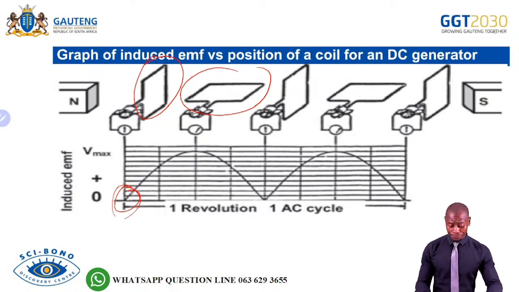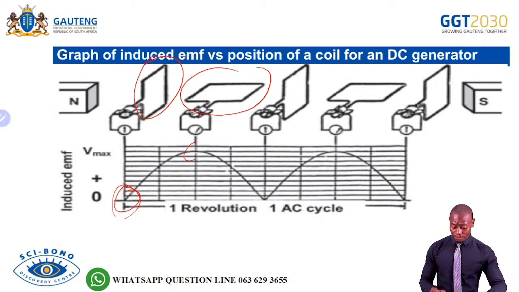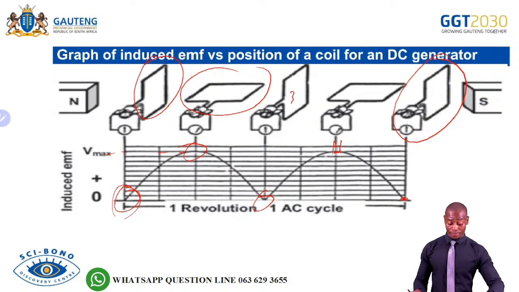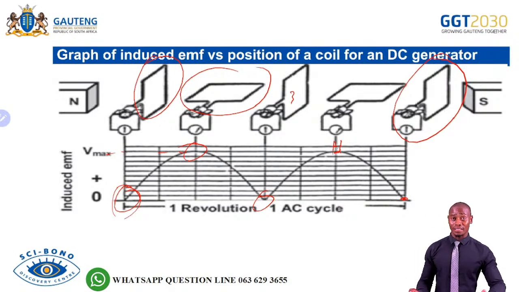Horizontal position, maximum EMF, you can see there we're having maximum. And then position 3 here, vertical position, you have 0 EMF. Horizontal position, maximum EMF, vertical position, which is this one, then we have 0 EMF there. So you can see the current is in the same direction, or the potential difference here is in the same direction.